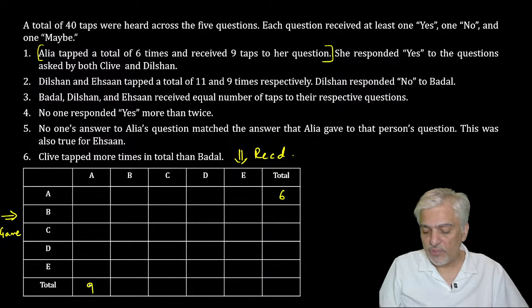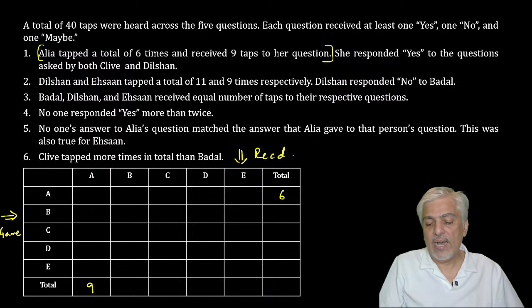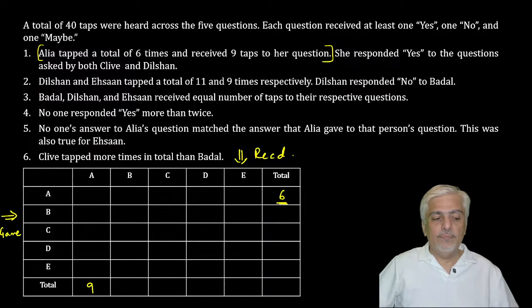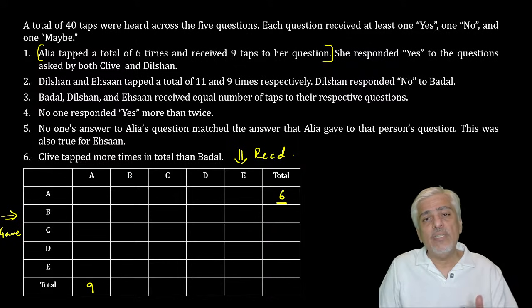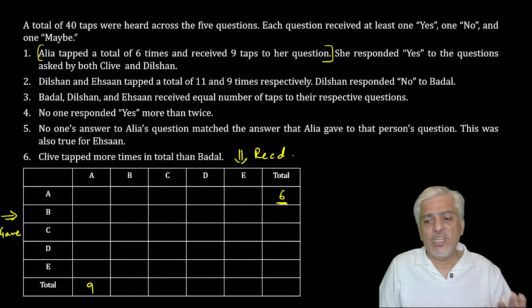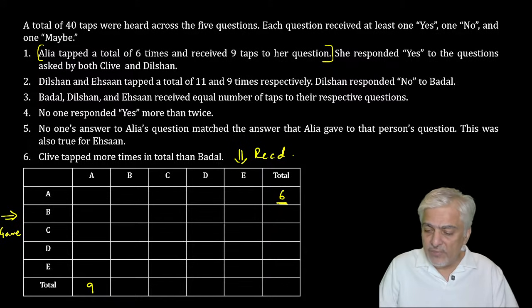Do you all agree with the first point, these two things? Alia tapped a total of 6 times. So she tapped 6 times and she received 9 taps. Everybody clear till here? So what I do normally, I have a habit, is all the direct data first I fill in the table. Whatever I know straightforward, fill that in. So I have filled in this much.